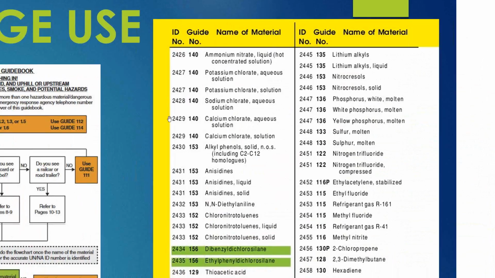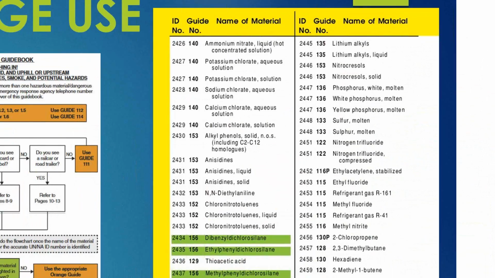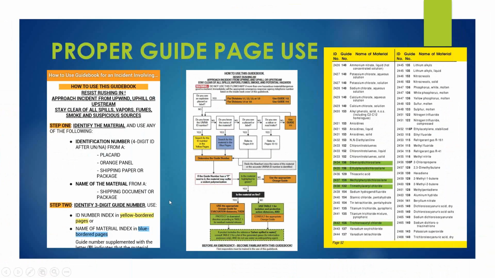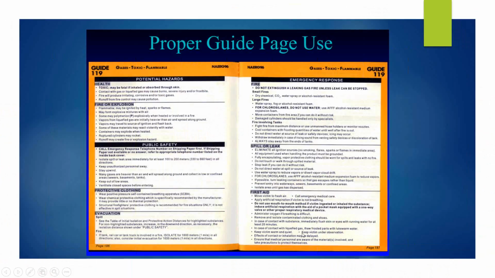So here's your ID number, and you're going to go down through here until you find the one you're looking for. And then it will tell you it's guide number 115. So you're going to slip over there to 115 and find out exactly how to deal with that particular chemical or incident or material. Okay.